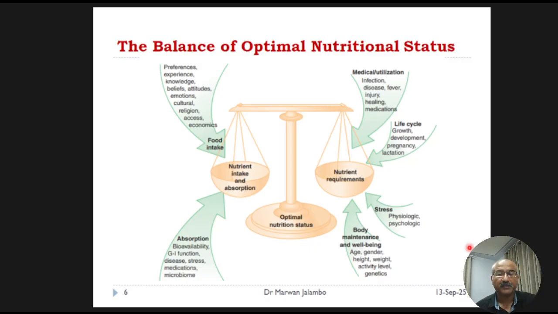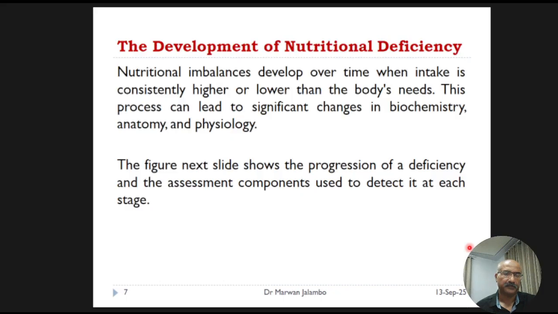But what happens when this scale tips out of balance for a prolonged period? Nutritional deficiency or imbalance develops over time when intake is consistently higher or lower than the body's need. This process can lead to significant changes in biochemistry, anatomy, and physiology.